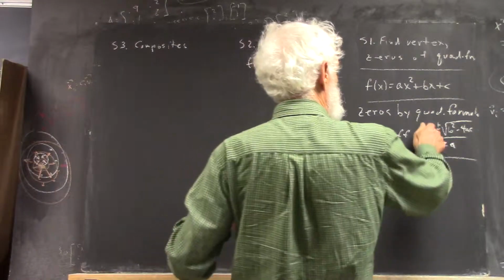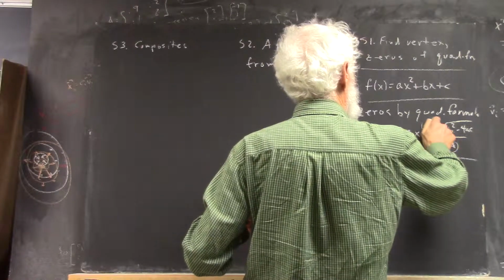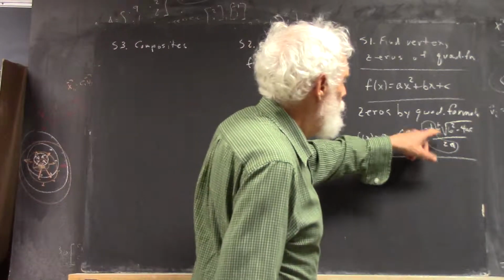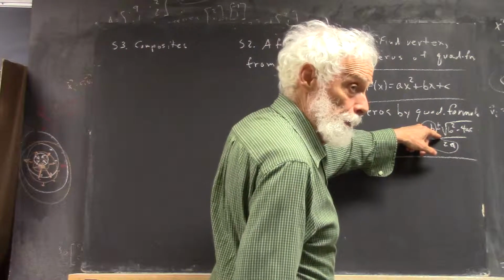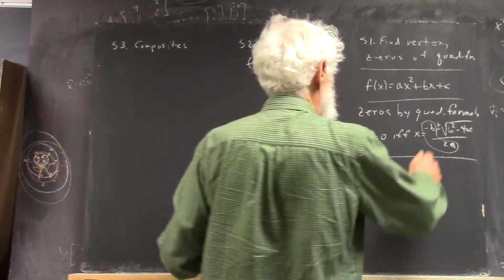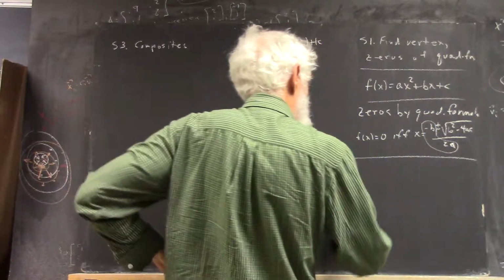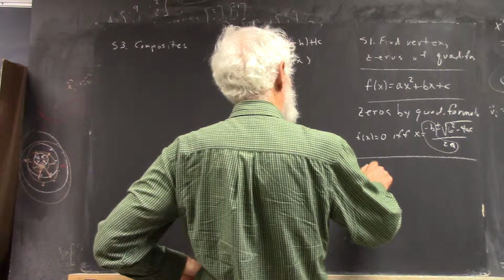From the quadratic formula, you can pick the value halfway between the plus and the minus, halfway between the two zeros, and that's the axis of symmetry.